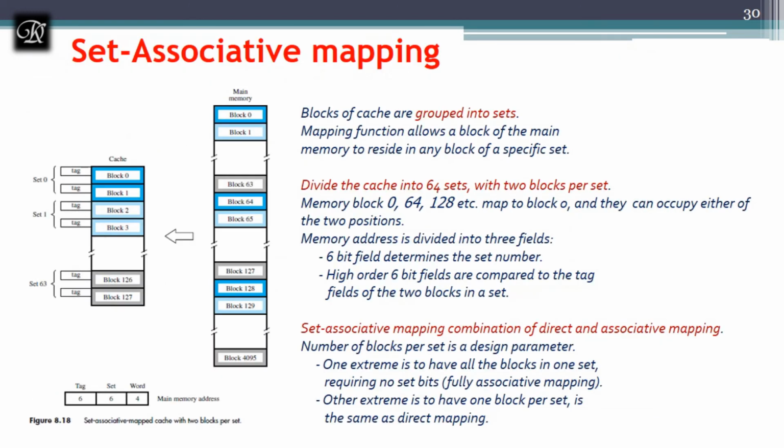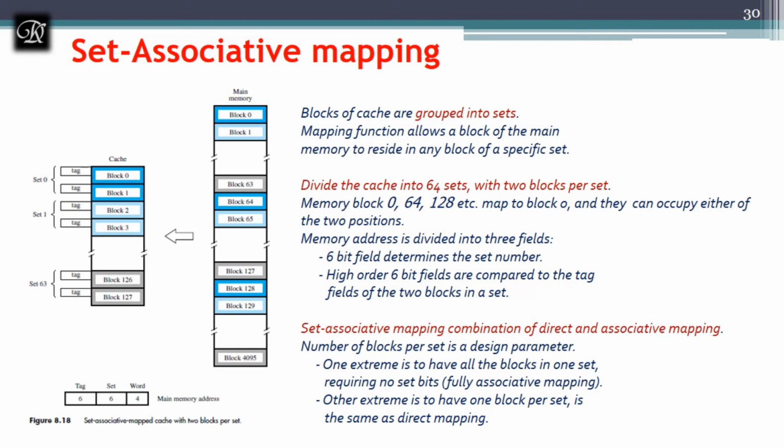These two disadvantages can be overcome and the advantages combined in the next algorithm, set associative mapping, which is a combination of both direct mapping and associative mapping. Here we divide the cache into a number of sets, and we apply direct mapping to decide which set the block has to enter.